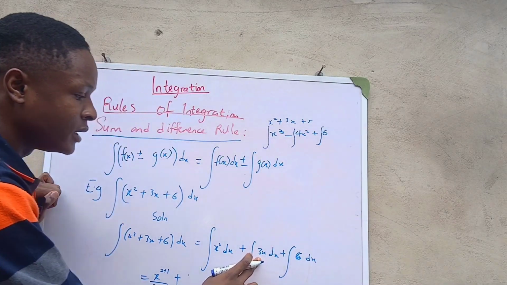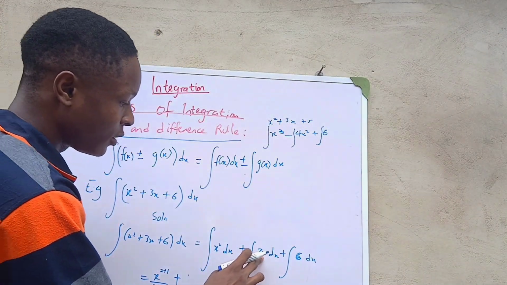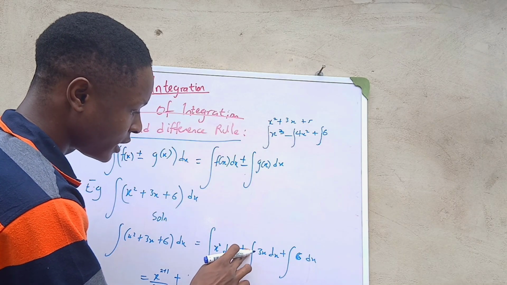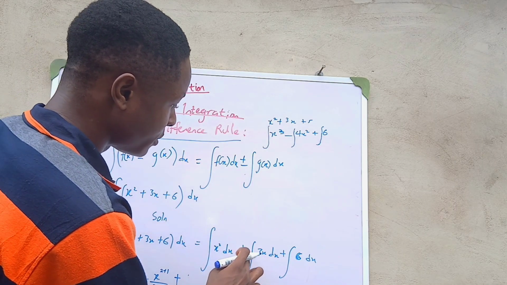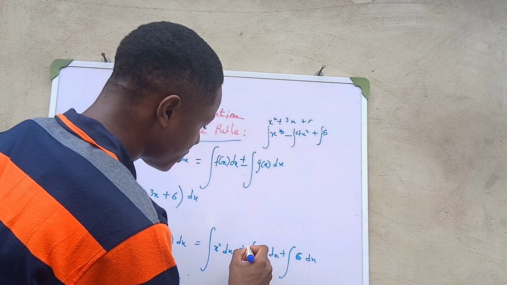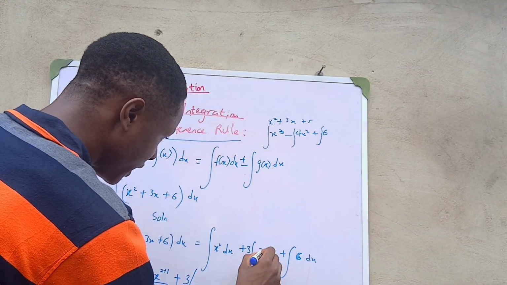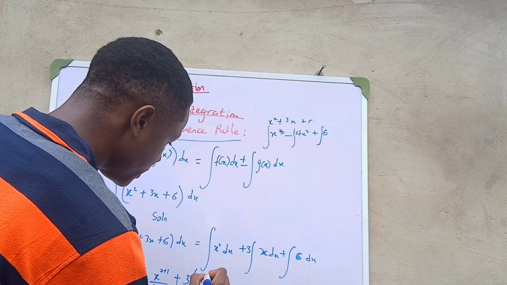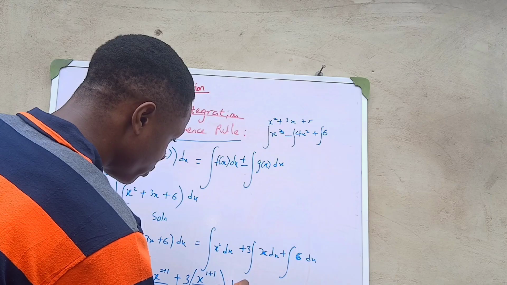Now for this, we are going to bring the constant out so that it's not going to cause us problems. So we can just put 3 here. So we have 3 times x raised to power 1, so we have x raised to power 1 plus 1 all over 1 plus 1, plus.